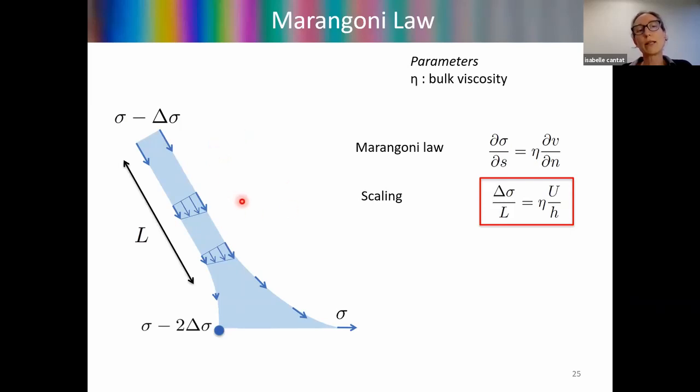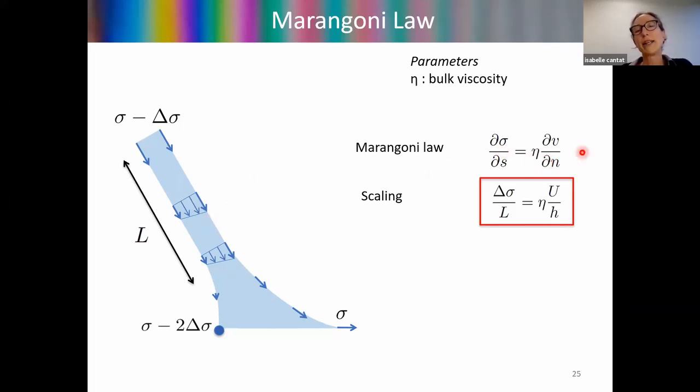The pressure is 0 by reference in the gas. And because there is no pressure gradient in this direction, because we are in the lubrication regime, the only thing you can do is a simple shear. So it seems to be a very simple problem for hydrodynamics. The only solution I can have is a simple shear.